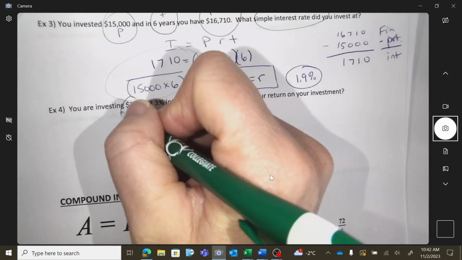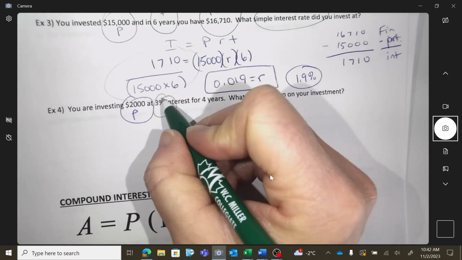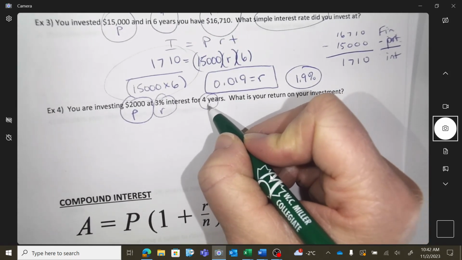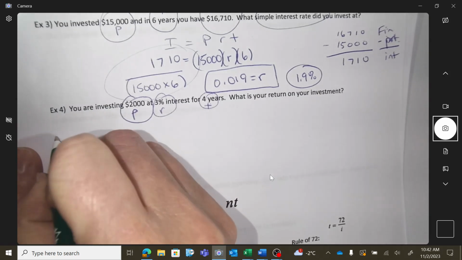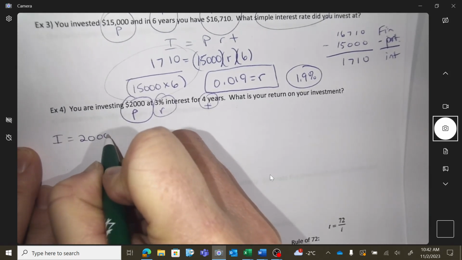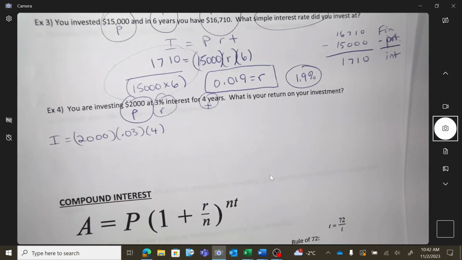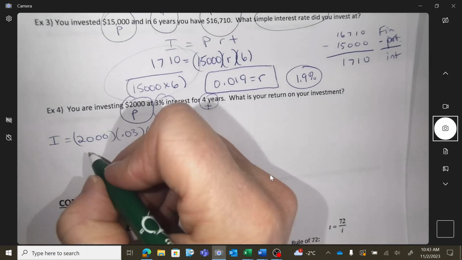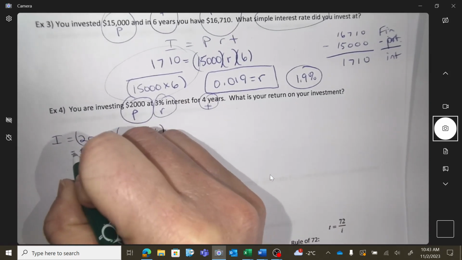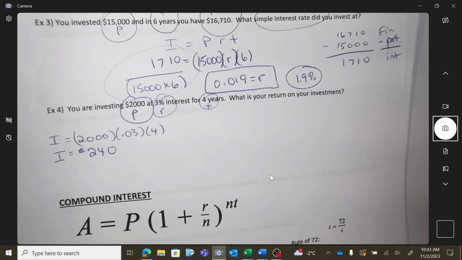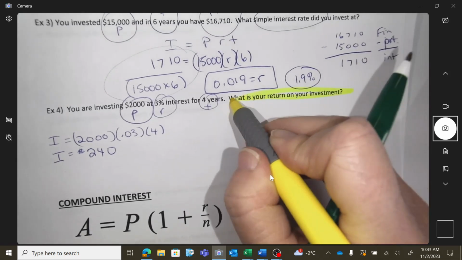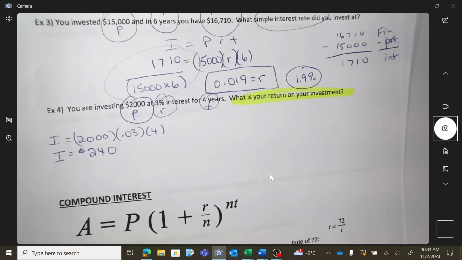Okay, you're investing this, a principal, 3% for 4 years. So we have actually all our parts. Okay, now, what is a return on investment?